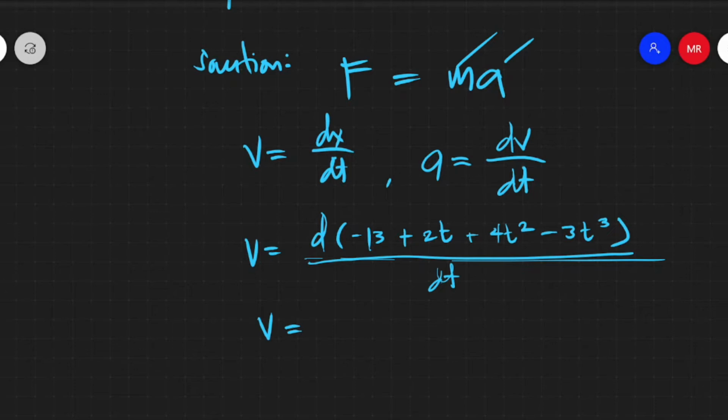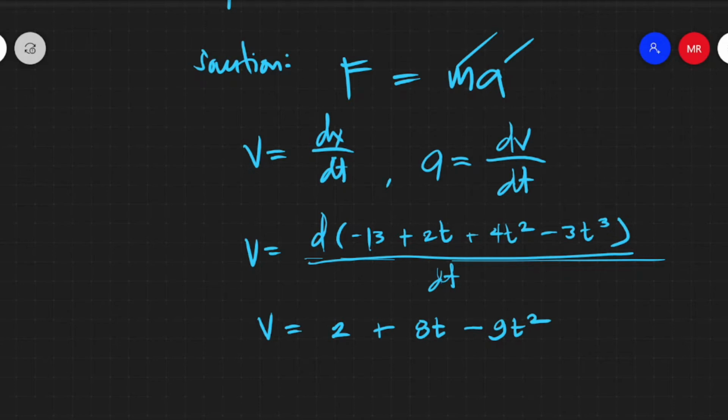The derivative of 13, since it is a constant, is 0. The derivative of 2t is just 2, plus the derivative of 4t² is 8t. Remember your calculus. Then the derivative of 3t³ is 9t². So this is now the velocity function.